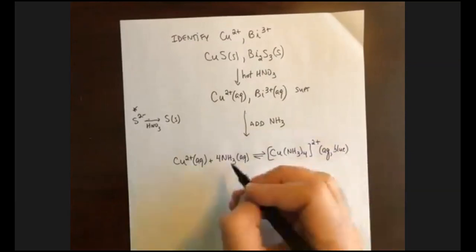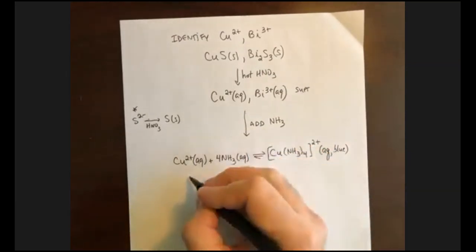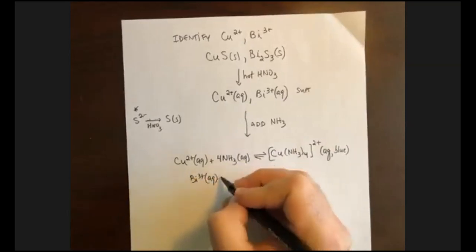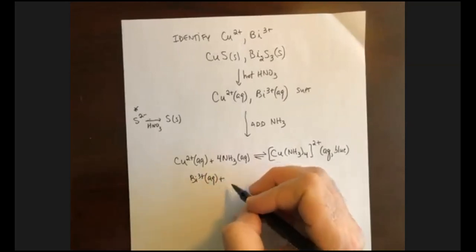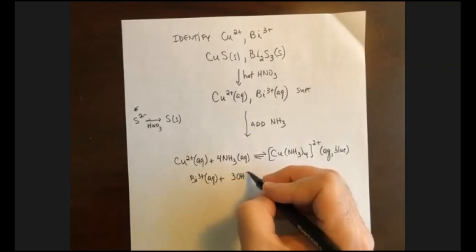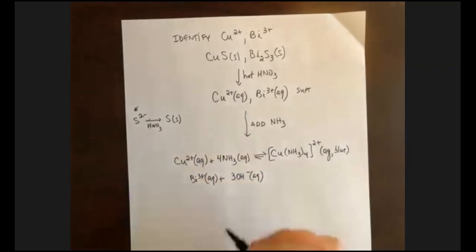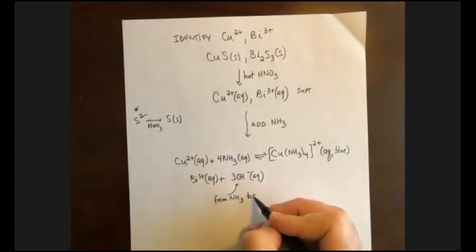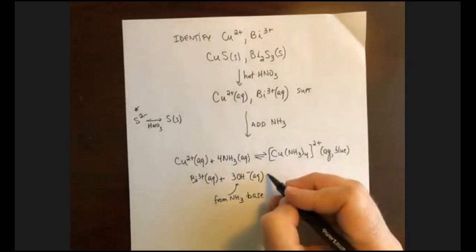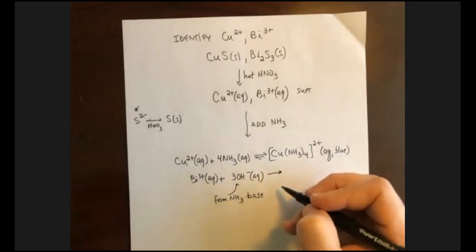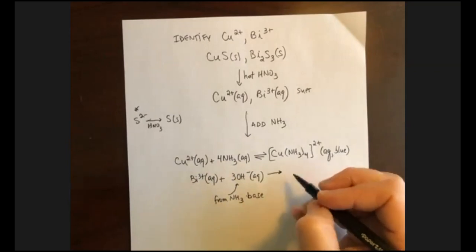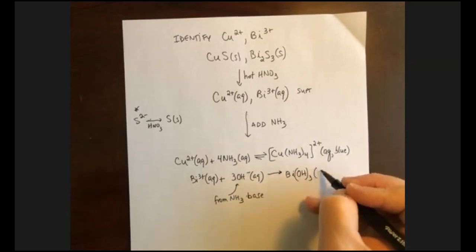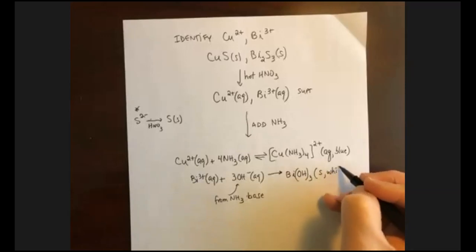However, the ammonia, because it is basic, produces hydroxide ions in solution. And in that case, these hydroxide ions that come from the basic properties of ammonia will push the bismuth ions that were in solution into an insoluble bismuth hydroxide, which should be of a white color.